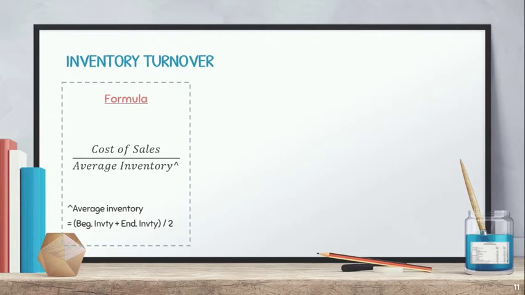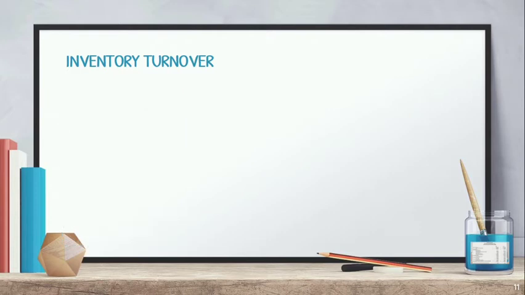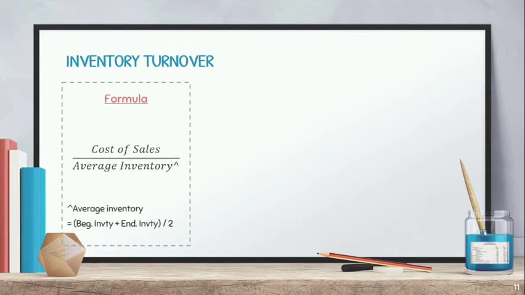Or if starting pabitaw on the first year of operations ang atong company, pwede ta ang atong beginning inventory is 0, unya atong ending inventory divide by 2. So compute for our Morse inventory turnover.